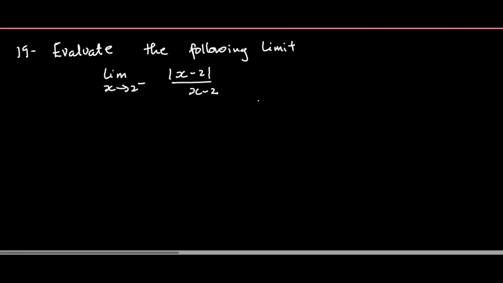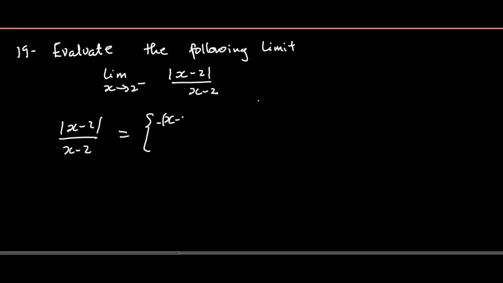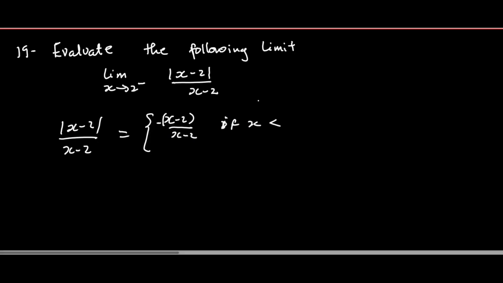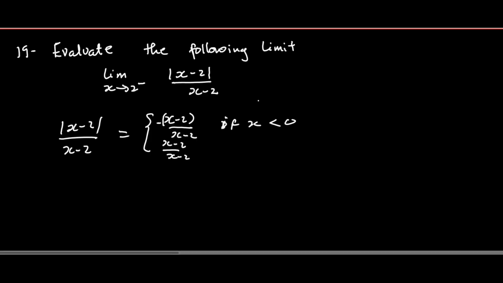Question 19 says we should evaluate the following limit. Limit as x approaches 2 from the negative of the absolute value of x minus 2 over x minus 2. So we all know that this particular function f of x can be expressed as negative (x minus 2) over (x minus 2) if x is less than 0, and then (x minus 2) over (x minus 2) if x is greater than or equal to 0.